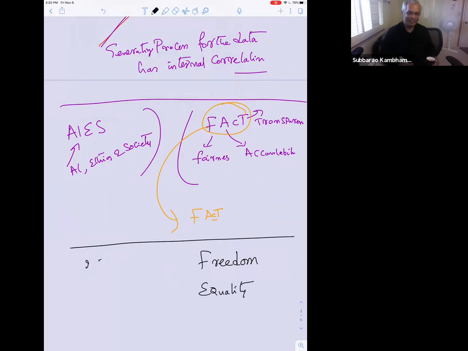I asked a loaded question. I basically wrote freedom and equality and said, how many of you know this? But what I'm saying is, it's like motherhood and apple pie. People think they're sort of, oh, they're both kind of similar. But you guys are old enough and smart enough to know that freedom and equality are orthogonal issues, right?